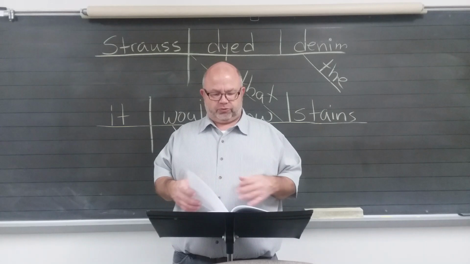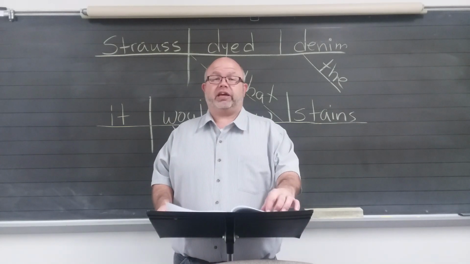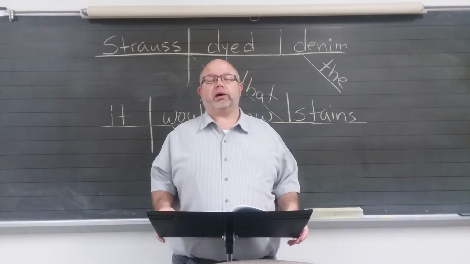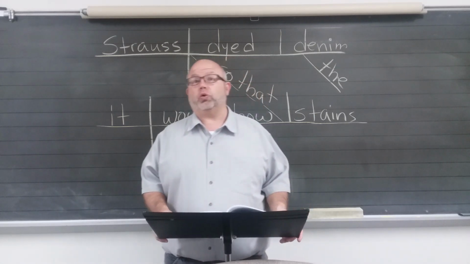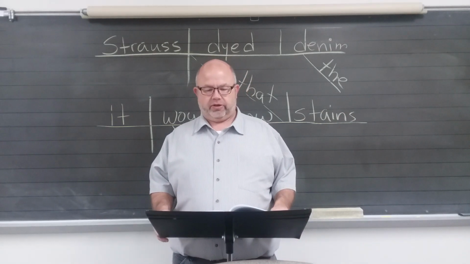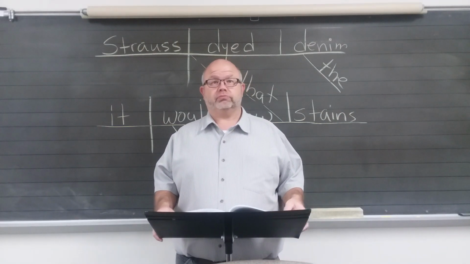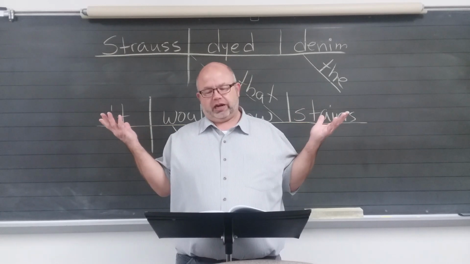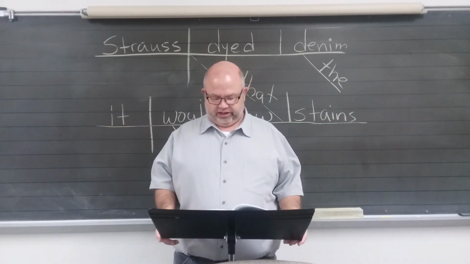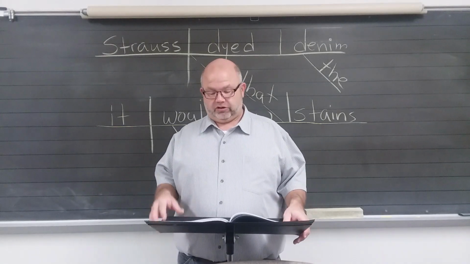The last 2 lessons we talked about compound sentences, 2 independent clauses connected by either a comma and a conjunction or a semicolon. We had the example of the cow jumped over the moon, comma, and the little dog laughed. Compound sentences, 2 independent clauses that are connected into one sentence.